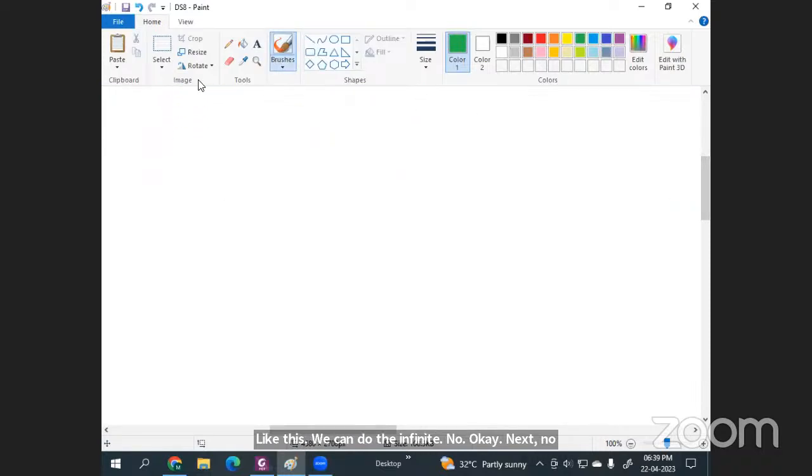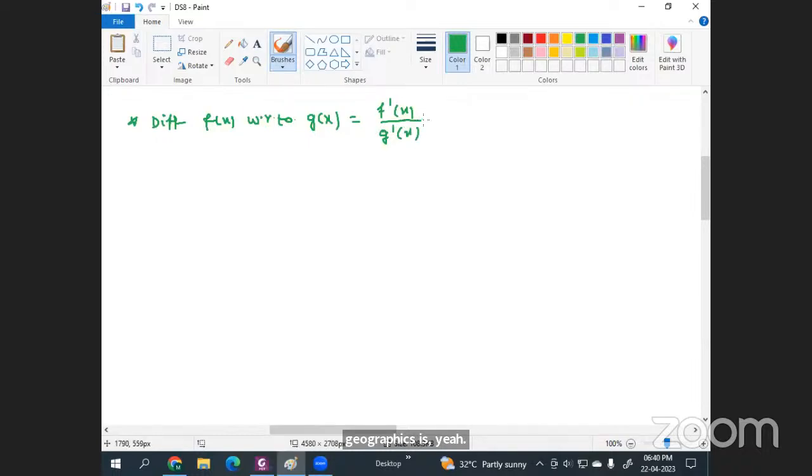Now we have one more important model concept: differentiate f of x with respect to g of x. It is f dash of x by g dash of x.